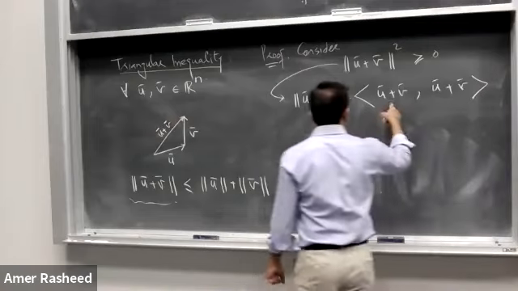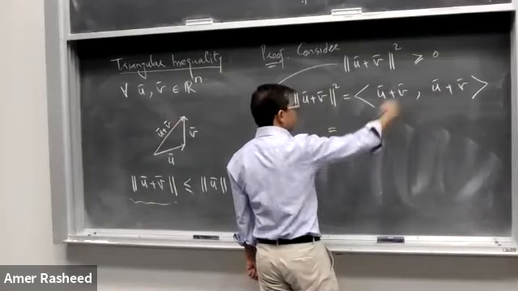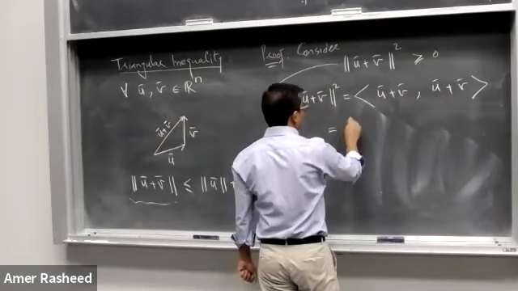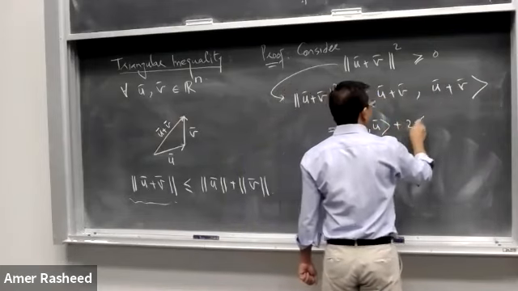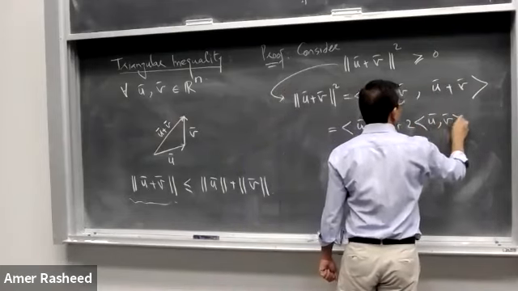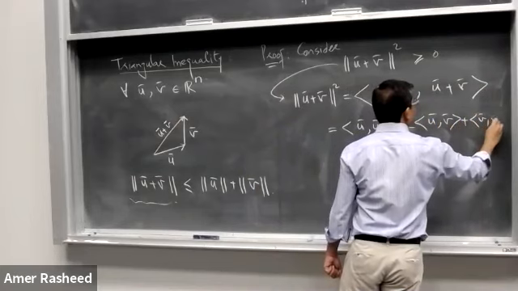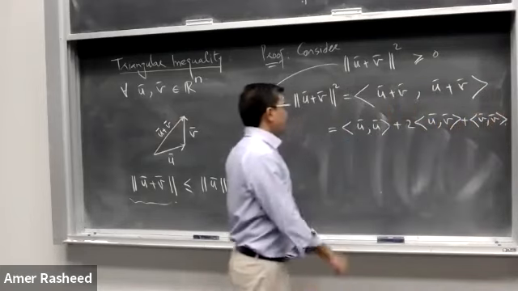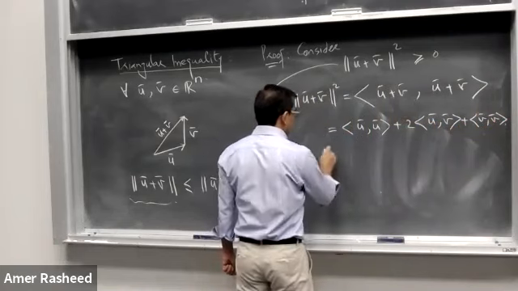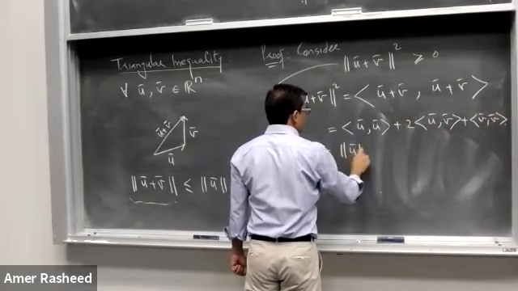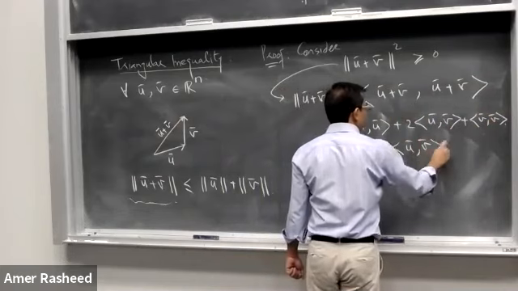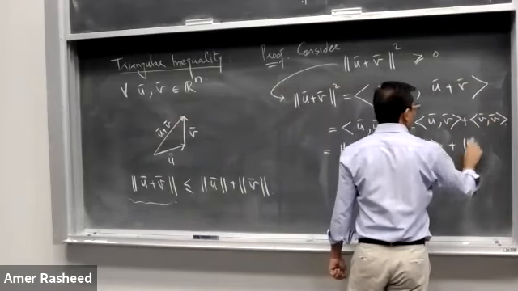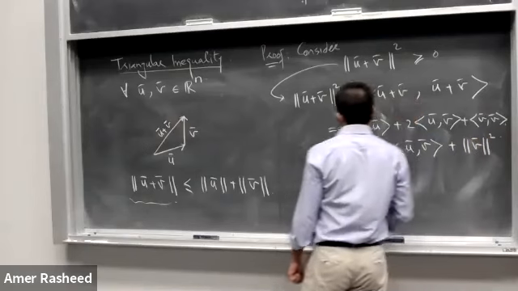Now I'm going to expand this by using the distributive property of the inner product, and I can write it as the inner product of u u plus 2 times u v plus v v. This is nothing but the norm of u squared plus 2 times the inner product of u and v plus the norm of v squared.